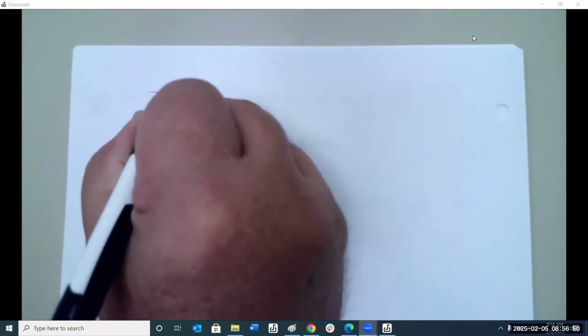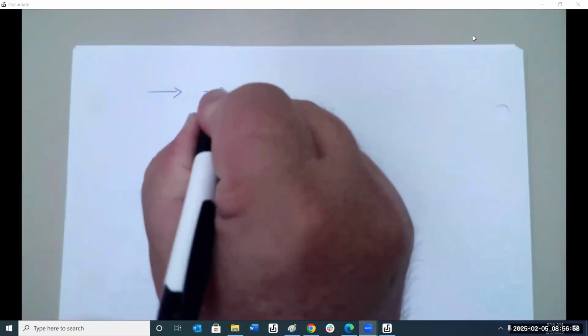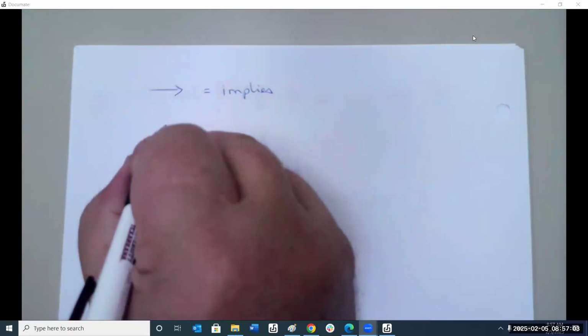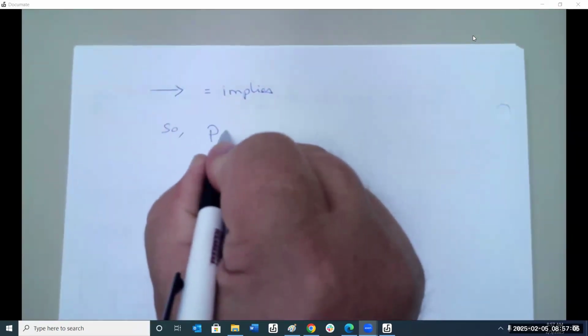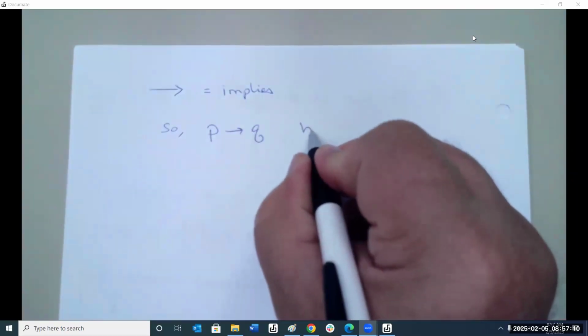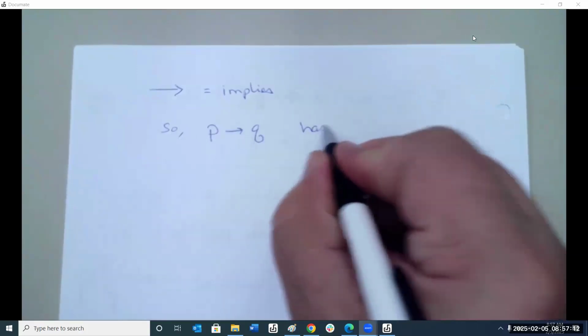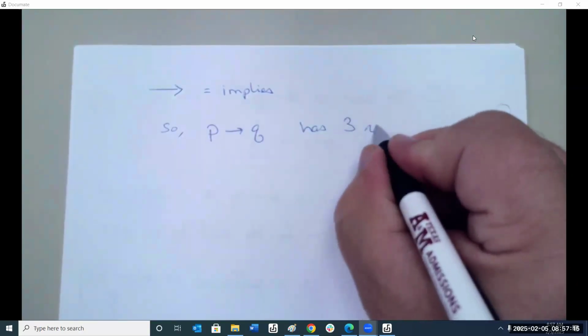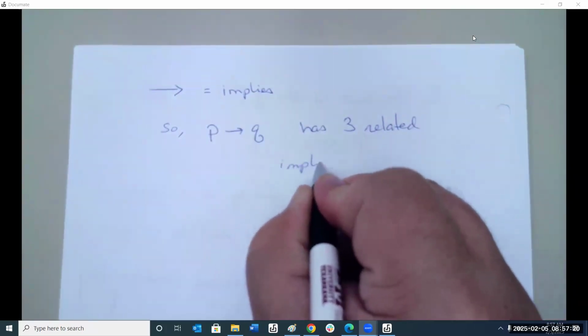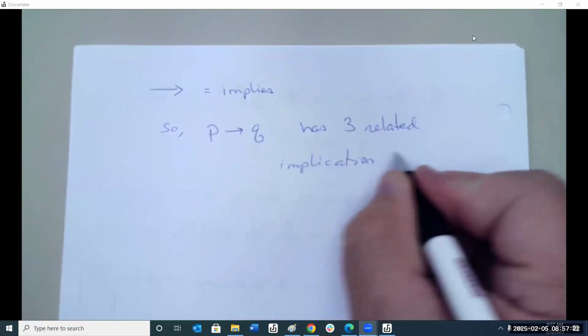All right. So what does that symbol represent? Implies. So this statement has three related implication statements.